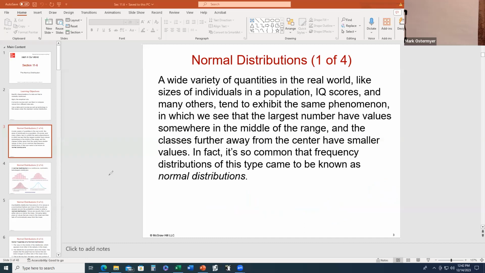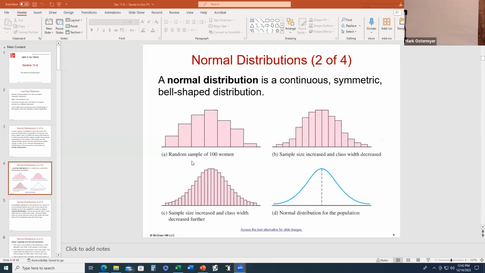Because nature loves normality and symmetry, the normal distribution is a very important probability distribution to touch base with in statistics or probability. And this is what normal distributions look like. Any frequency histogram for any data set collected out in the field that exhibits this structure is said to be normally distributed or bell-shaped. That's what we call a normal distribution signature.